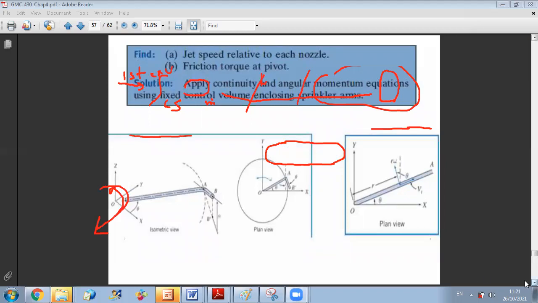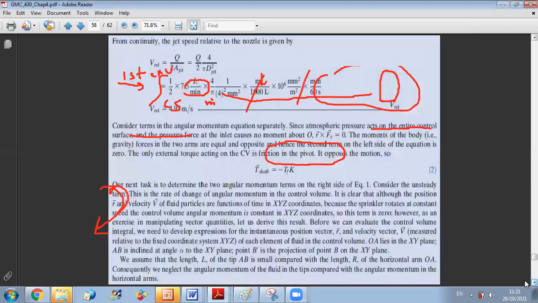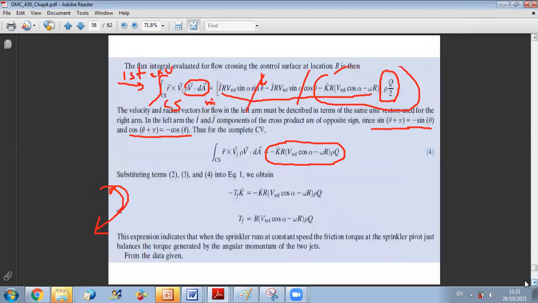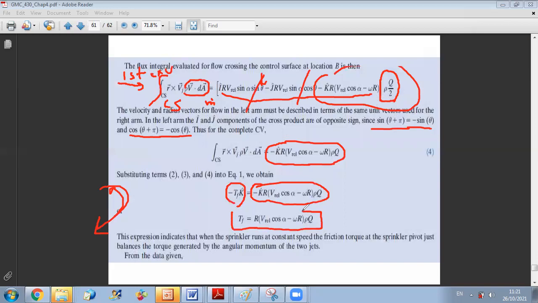So now, since I have computed all terms, all I have to do is to put the equality that the friction torque is equal to the total angular momentum flux crossing the control surface. And this will give me the expression of the friction torque.